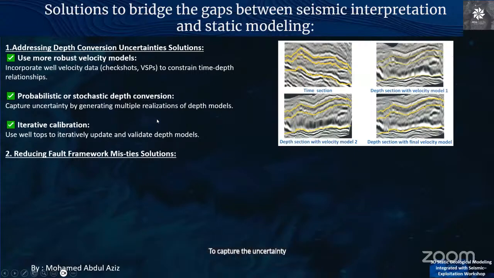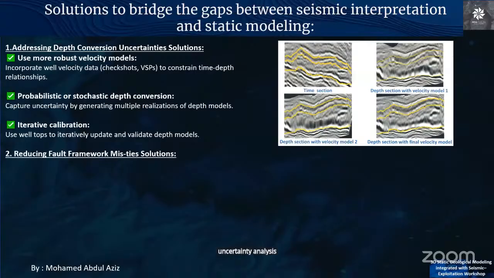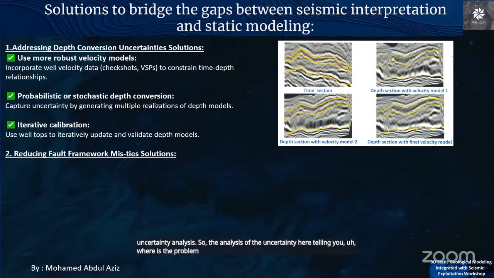So sometimes we need to make a probabilistic or stochastic depth conversion to capture the uncertainty by generating multiple realizations of depth models. Because in such a way, once I go with different velocity models, and make it as a probability and do some uncertainty analysis, the analysis of the uncertainty tells you where is the problem or where is the maximum.